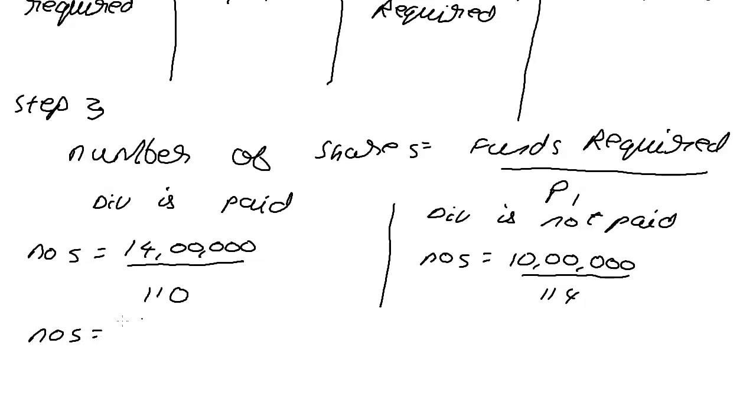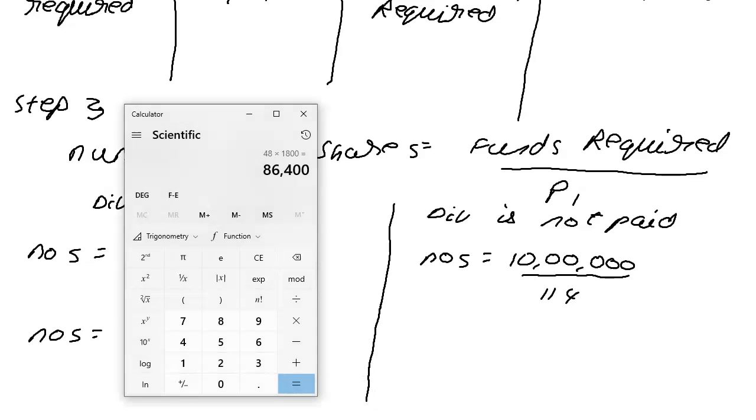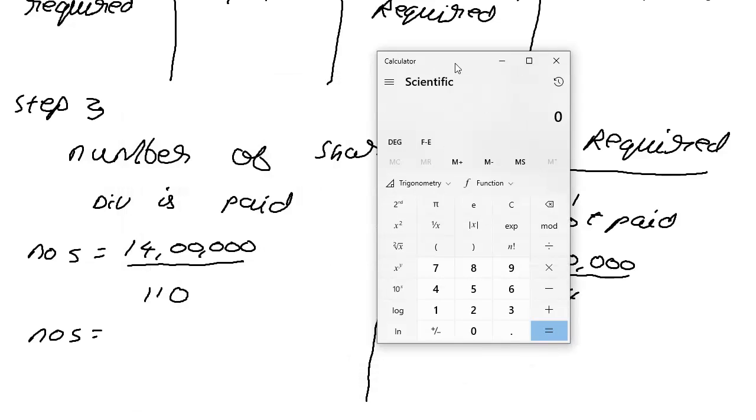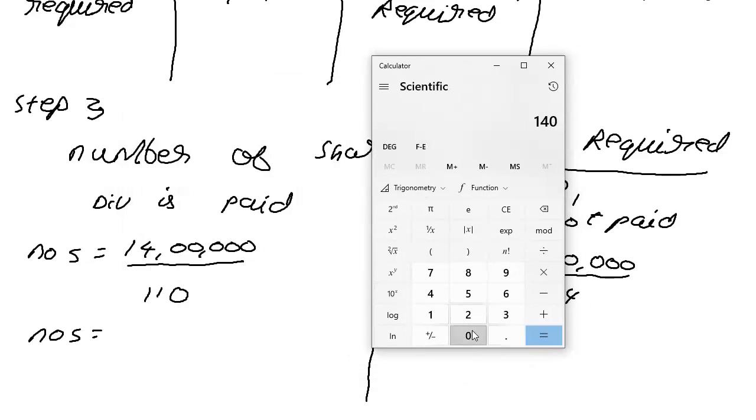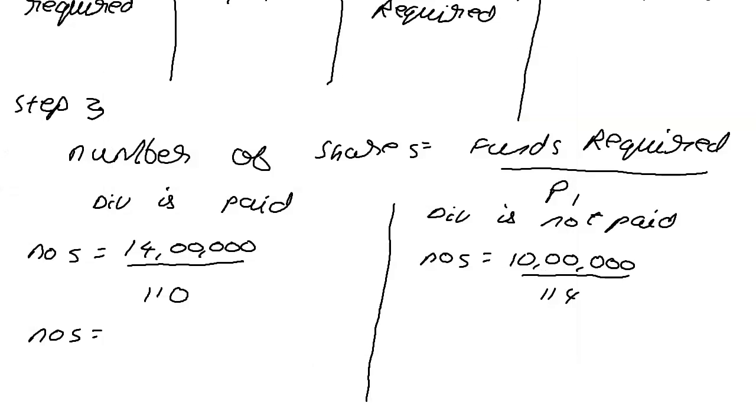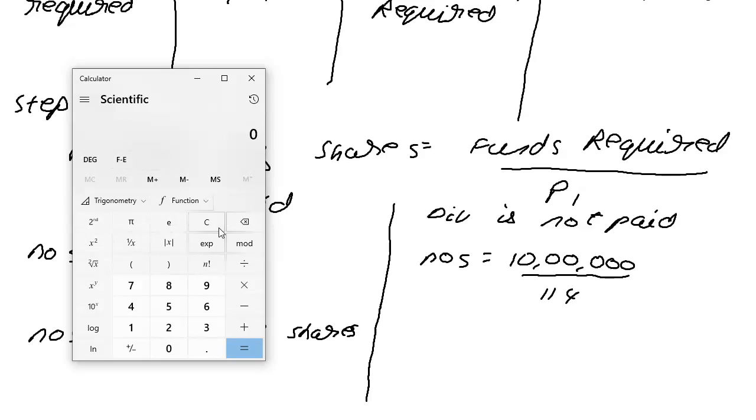Number of shares in the first situation is going to be 14 lakhs upon 110. So we are talking about 12727.27 fractional shares. It's allowed abroad. 12727.27 shares.